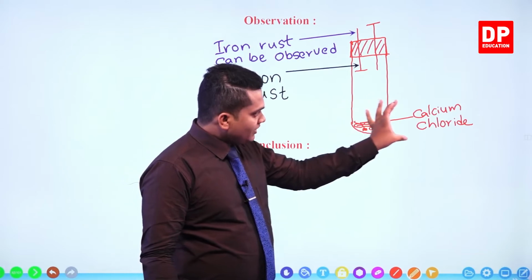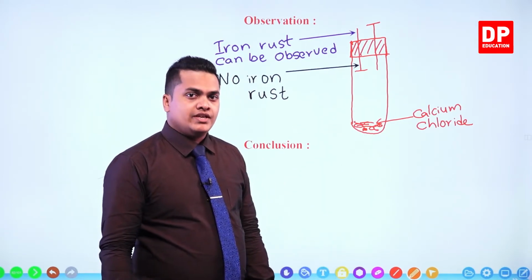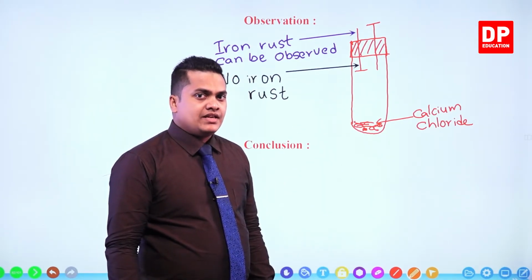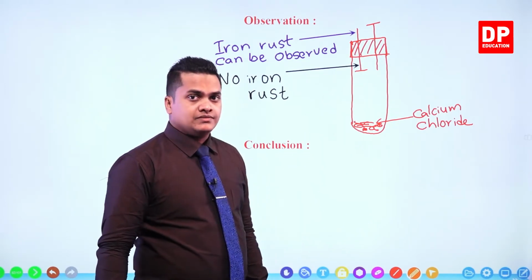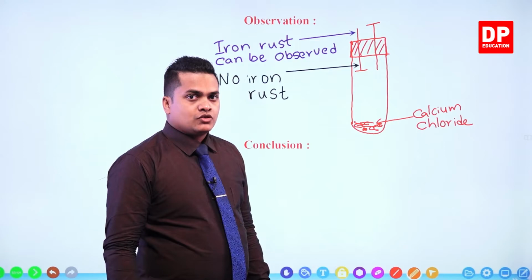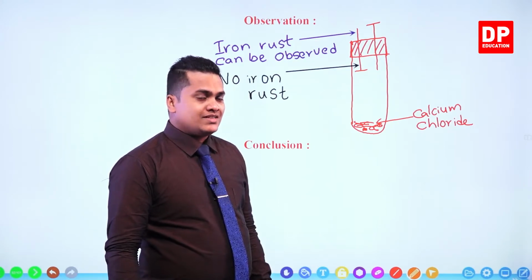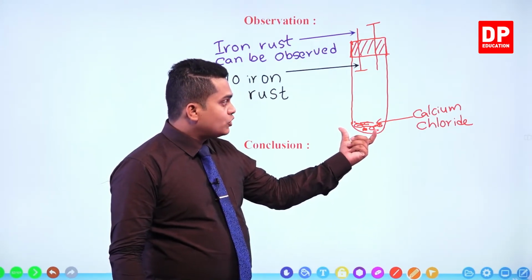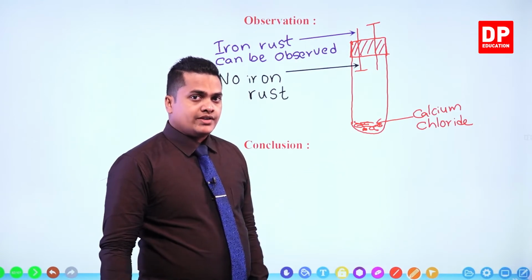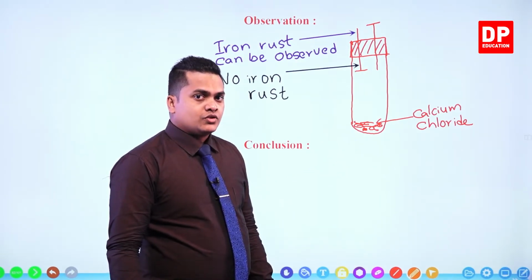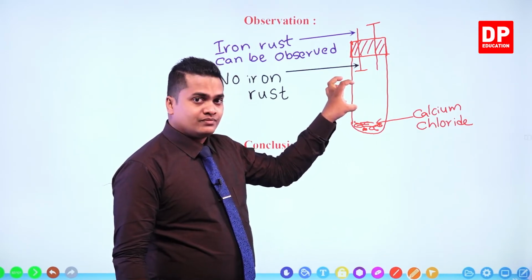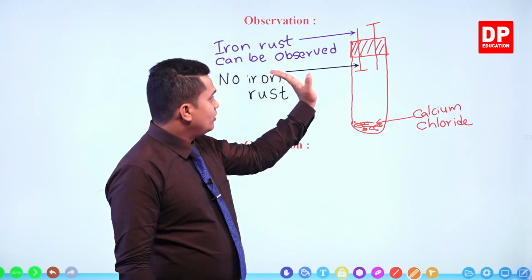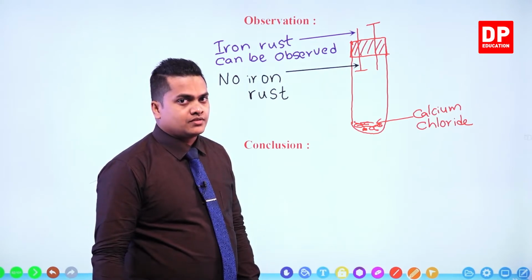So the calcium chloride that we used here has an ability to absorb water vapor from the system. So water vapor or moisture is getting absorbed by the calcium chloride. So there is no water vapor within this system. Therefore, there is no iron rust.